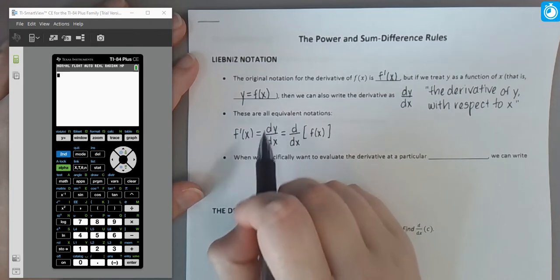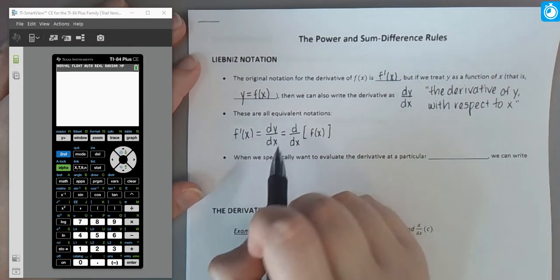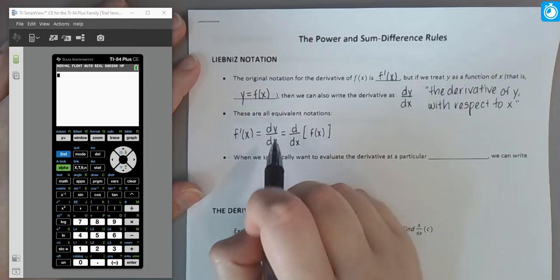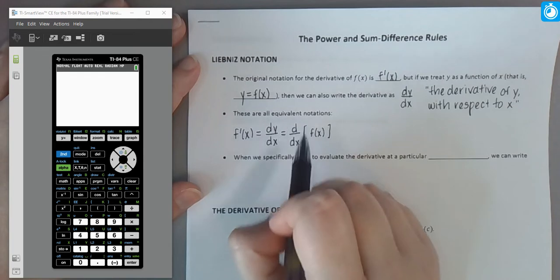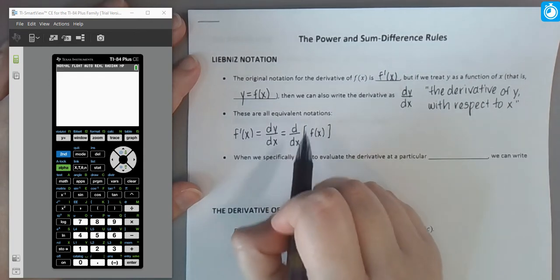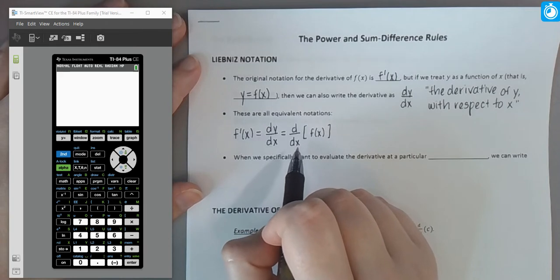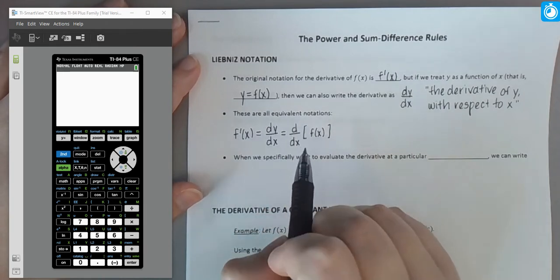We think of dy dx, the derivative with respect to x, like a noun. That is the derivative. That's the thing we're looking for. d dx is more like a verb. That's the indicator that we want to take a derivative. So this, kind of like seeing a plus sign tells us to add two things together, this particular notation tells us take the derivative.